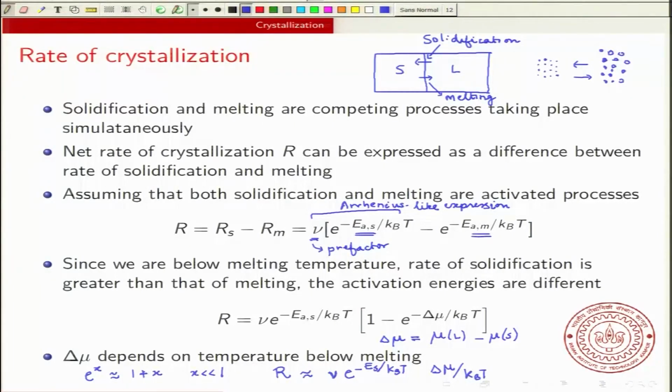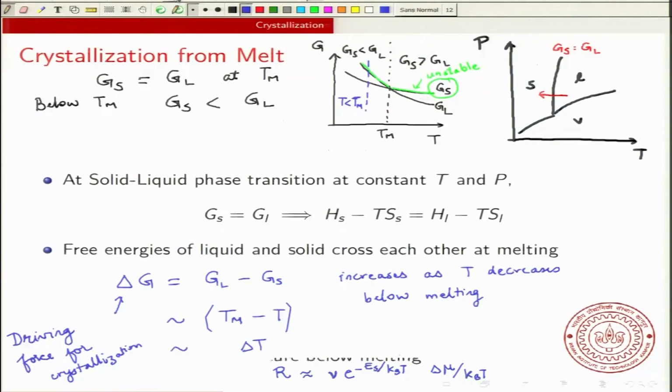So in other words, the rate is proportional to the chemical potential difference. And this is a very useful picture. If you go back to what we said in the last slide, this difference in chemical potential, delta G, which is G liquid minus G solid, essentially the molar part of this difference, is the chemical potential. So this is a driving force.